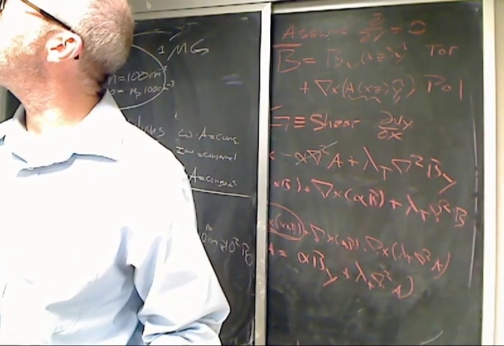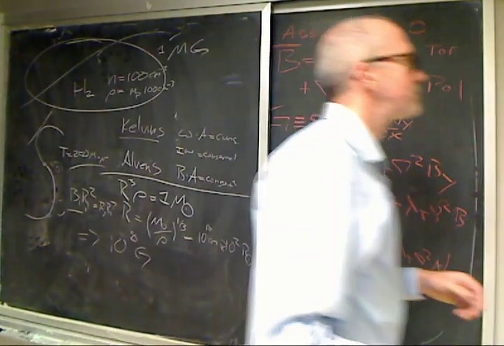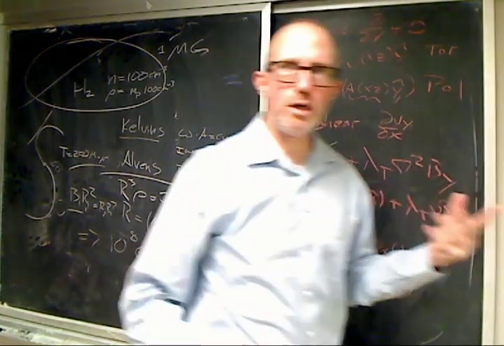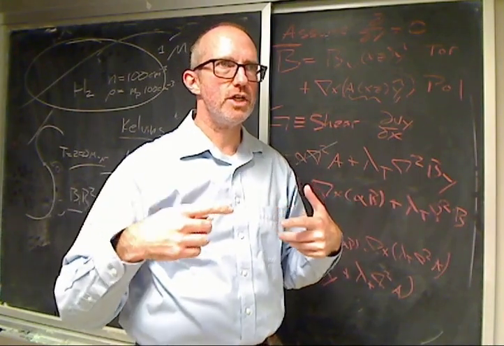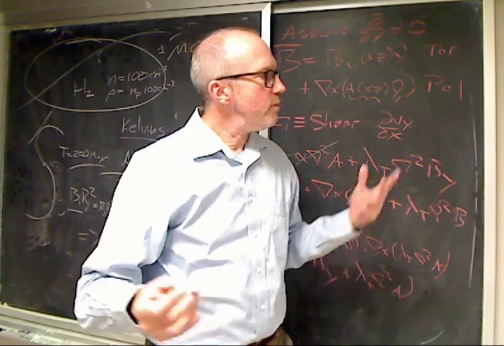The Rankine-Hugoniot jump conditions. Don't memorize them. But they may show up. So these are the jump conditions across a shock. And you remember how to get those.